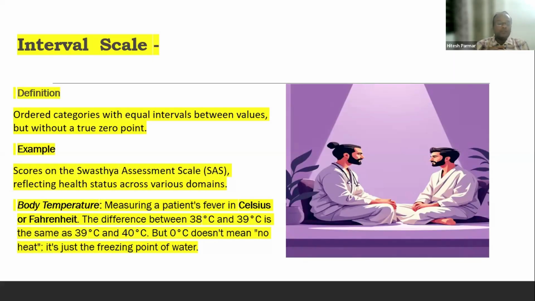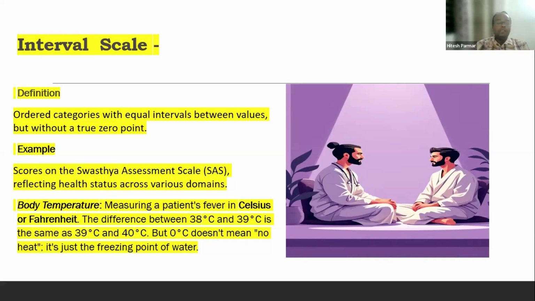What is the limitation? Can we say that 0 degrees Celsius is the lowest possible temperature? No, we can't say that. Temperature can go negative also, right? Suppose we are measuring room temperature, it can go negative also. So what does it mean?